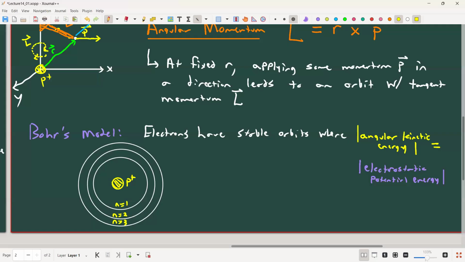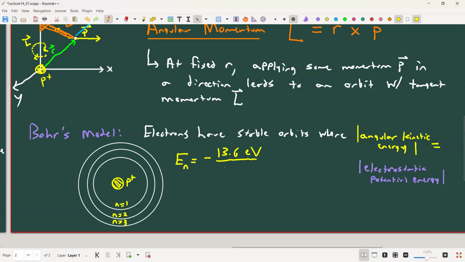And he calculates that the energy as a function of n is equal to, this is with experimental data, 13.6 electron volts divided by n squared. He uses experimental data for this, so this is an empirical number. I'll talk later about where this number comes from.